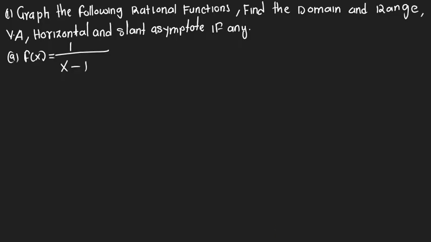The first thing that I'm going to do, guys, I'm going to find my vertical asymptote. Vertical asymptote is found when the denominator is equal to 0. So I can get what is in the denominator. I think I taught x minus 1 is equal to 0. Therefore, x is equal to 1.